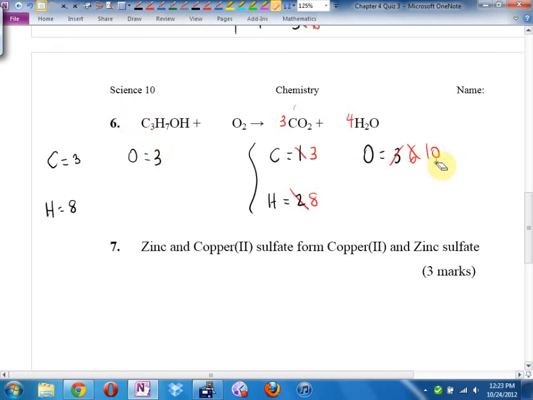I want to try and get 10 here. I've got 1 right here, I got 2 here. I'm trying to think if I can break up this 10 a bit cleverly. Maybe I could make this 8, put a 4 there, and 2. Would that work? Or maybe I want to make this 5.